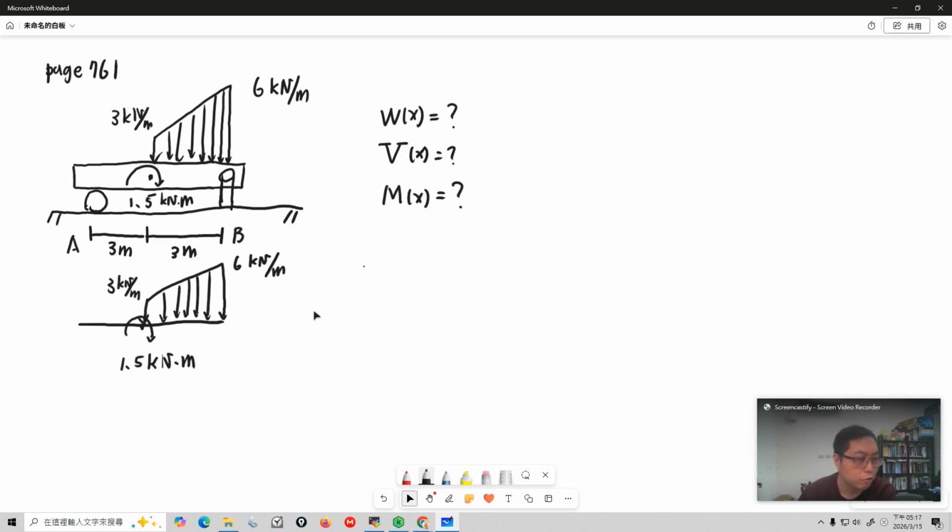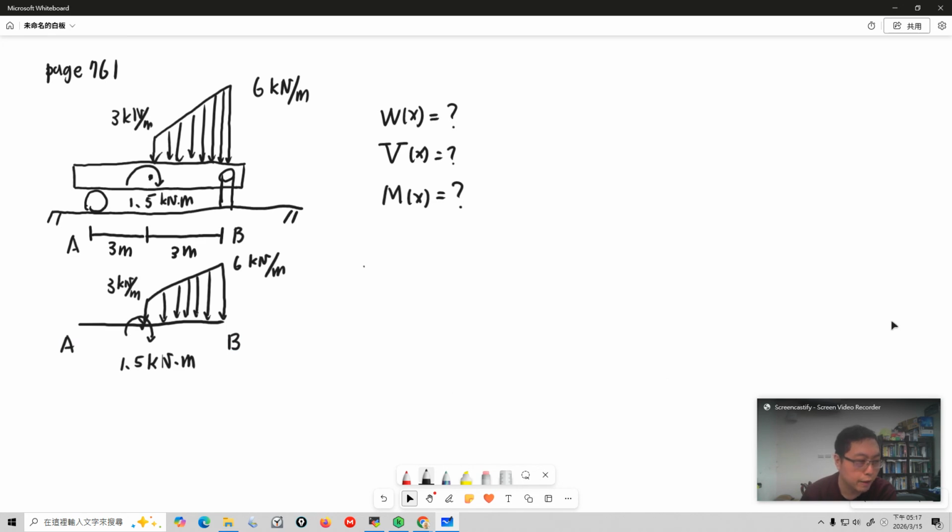We treat this beam as a line, free from its surroundings, with the distributed load here and the concentrated moment. The next thing is to calculate the reaction forces from the supports.